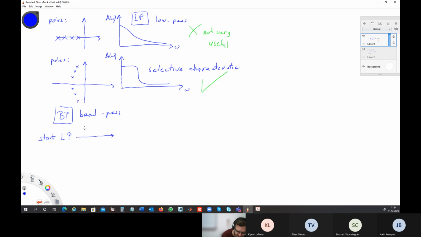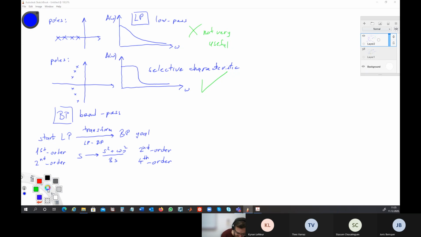Then we have the transform from low pass to bandpass, which is: instead of S, you write S square plus omega 0 square over BS. Then you obtain bandpass. This is the goal. This was, for example, first order. Here you obtain second order. If you start from second order, you will have fourth order.